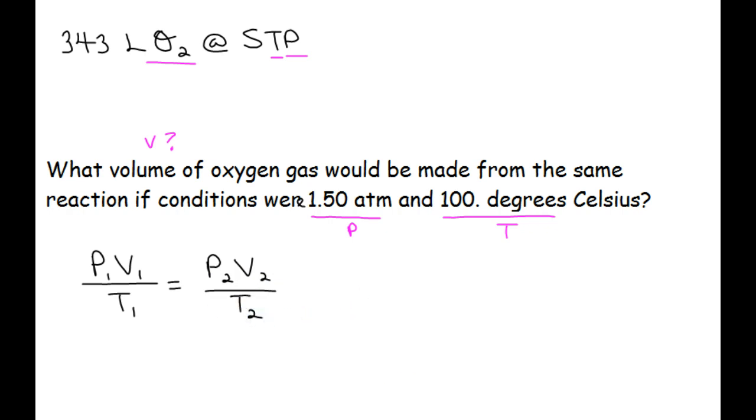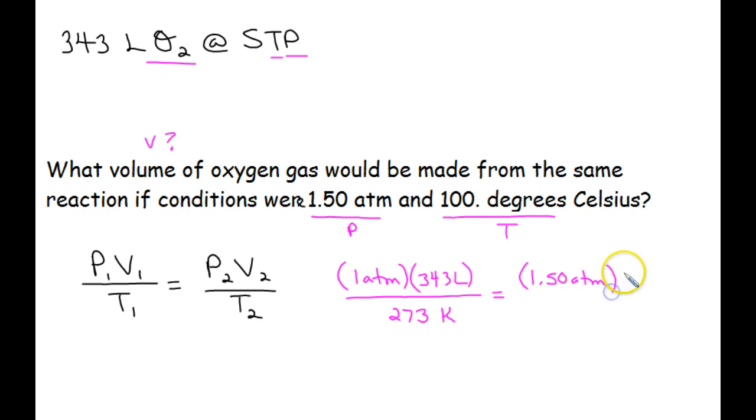So when you plug those in, 1 atmosphere times 343 liters divided by 273 Kelvin, because remember, temperature is always in Kelvin in these calculations, equals P2, looking for V2, divided by, and 100 degrees Celsius is 373 Kelvin.